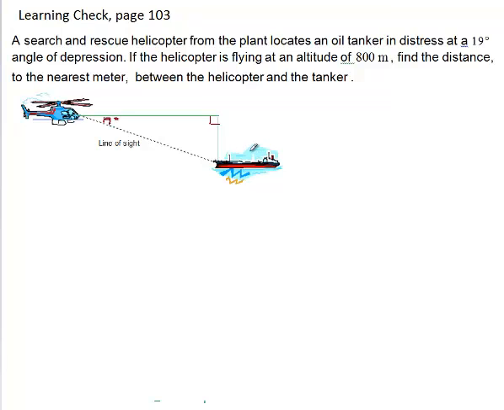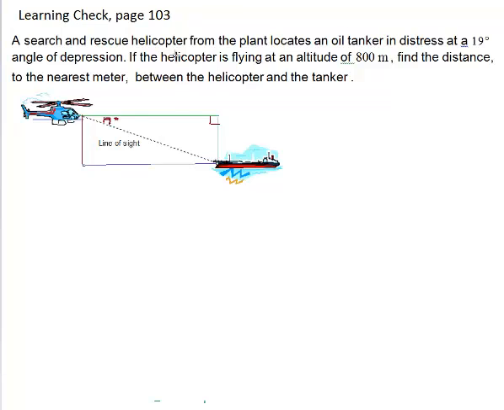If the helicopter is flying at a height of 800 meters, you may have decided to draw the triangle the other way, and that's perfectly correct as well. You might have drawn it down here because the altitude is 800 meters above, so the altitude is the perpendicular height. So you could have drawn it either way.